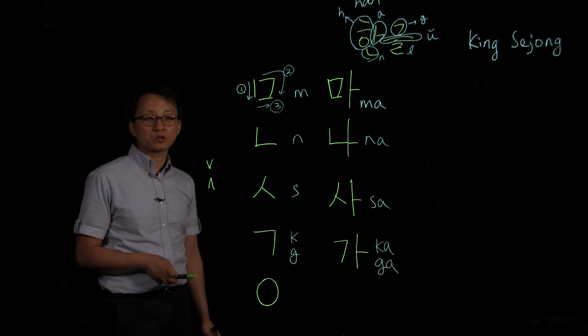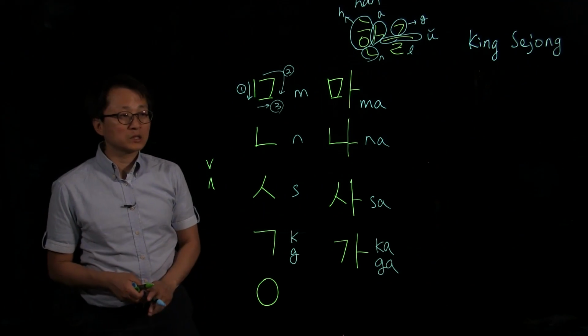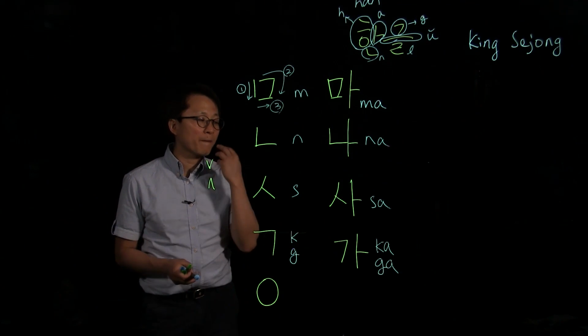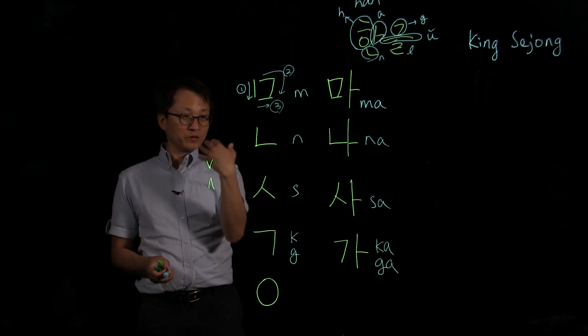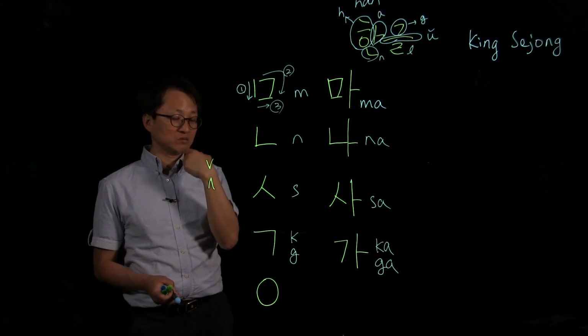Okay, so far so good. And this circled one represents the shape of our throat from the front. So it's like a circle. So in your throat is a circle.